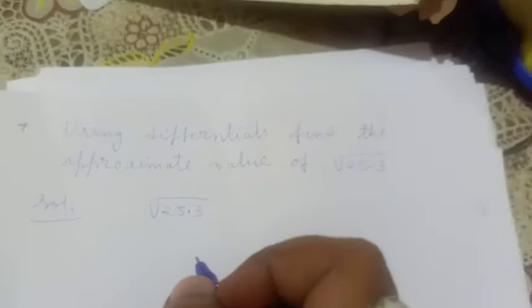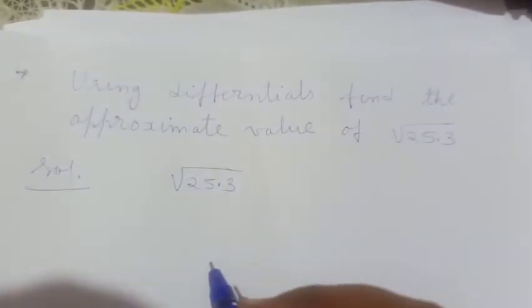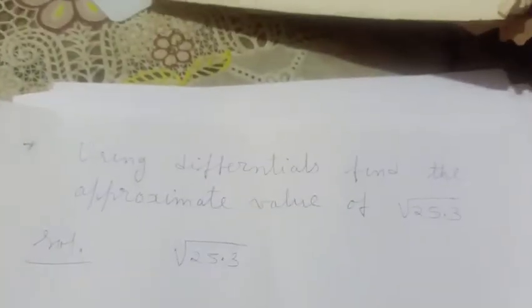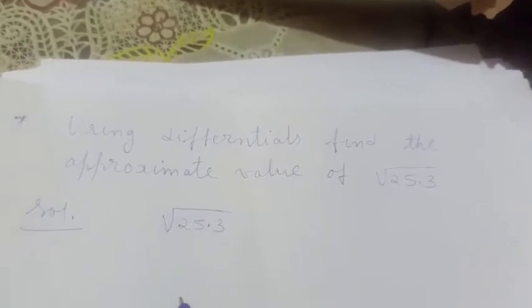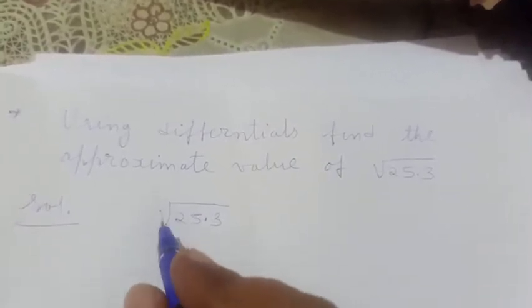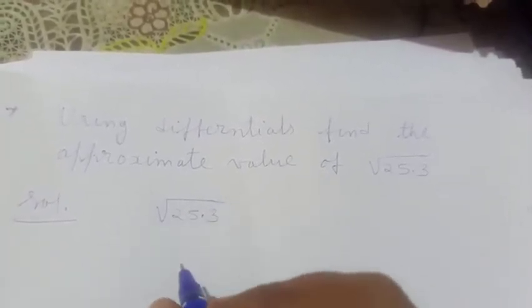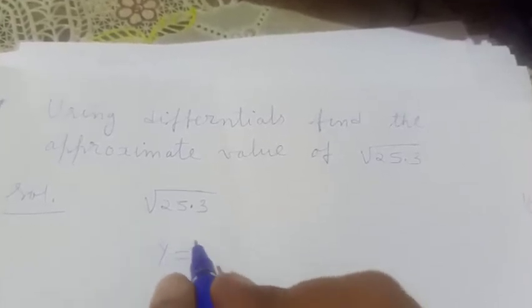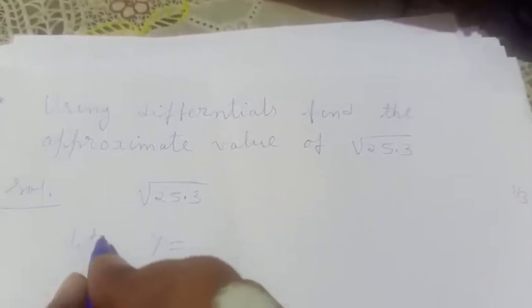What we will first do is find a corresponding function for this value. So this is the root of something. So we will assume y equal to root x. Let y equal to root x.